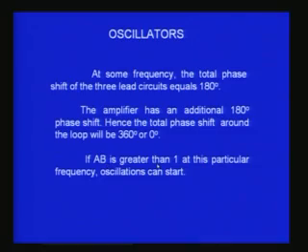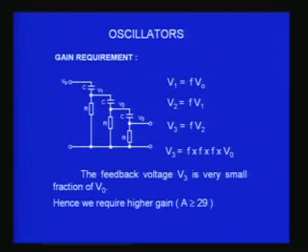Once that happens, you get the oscillations, and when AB is just the right value, equal to 1, corresponding to the Barkhausen condition, the oscillations will start and you will get the output. Now you should also remember one important point: there is a minimum gain that I must ensure in this circuit, the phase shift oscillator, so that oscillations will be produced.